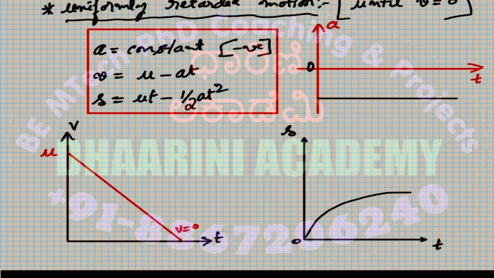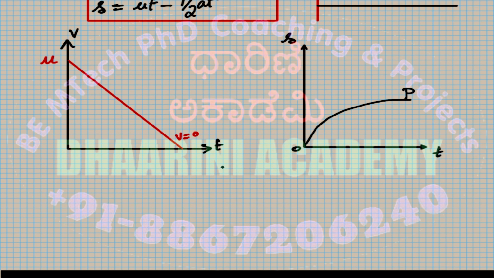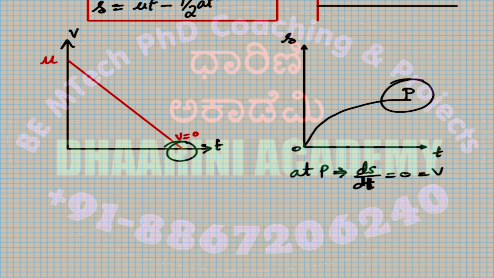I'll mark a point P here. At P, calculate ds by dt. What is ds by dt? It is the rate of change of the curve, and it is 0. That is the velocity. You see velocity becomes 0 here. So as the time progresses, velocity keeps on decreasing, the slope of the curve keeps on reducing, and at the end it becomes 0.